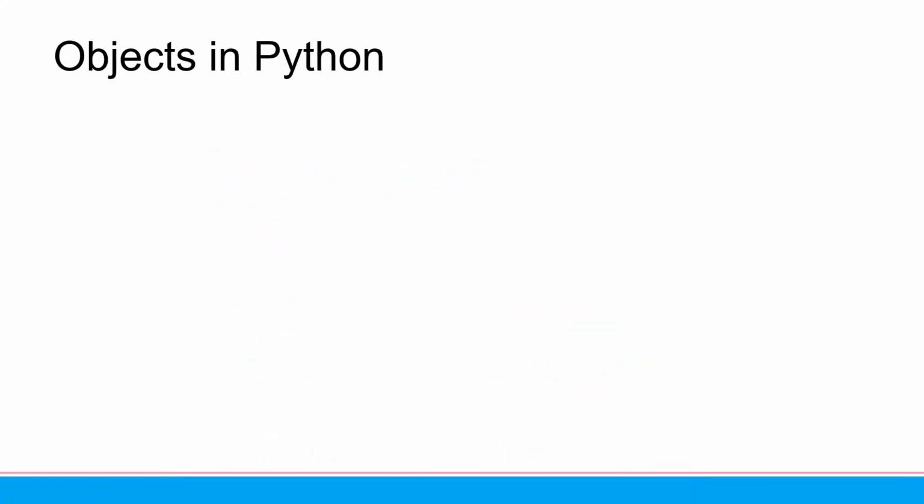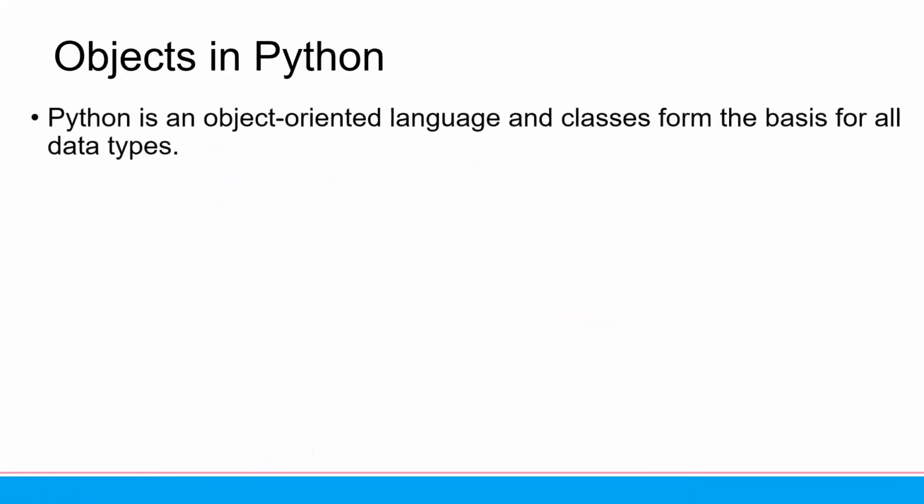When we are doing Python, we need to understand objects. The same as other programming languages like Java, C, C++, they are object-oriented. Java is an object-oriented language, and Python is also an object-oriented language.